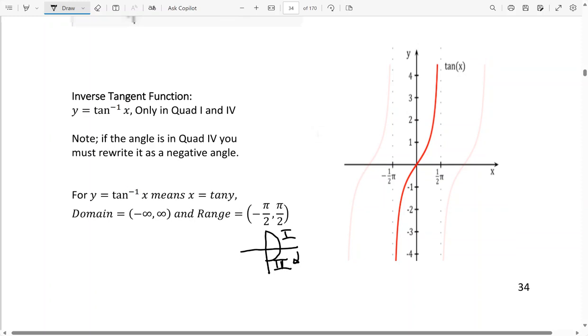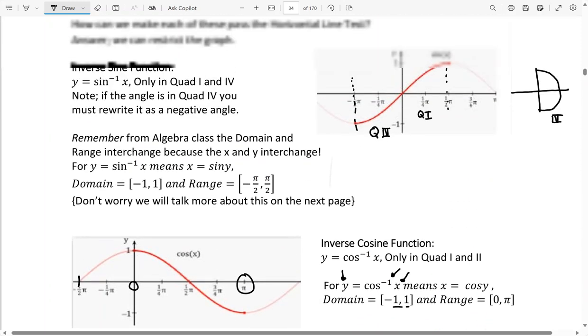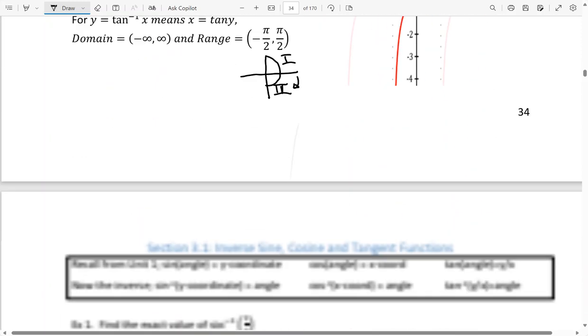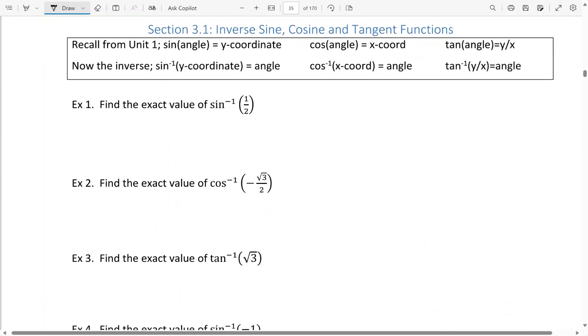So the difference between, let's go to the next page. From unit 1, it was sine of an angle, we called that angle theta, gave me a ratio. That ratio was some fraction that we found on our unit circle, and for sine it was the y-coordinate.